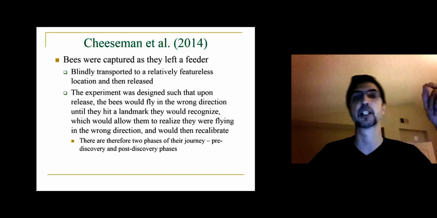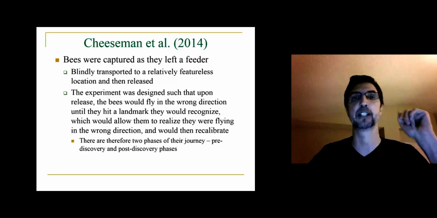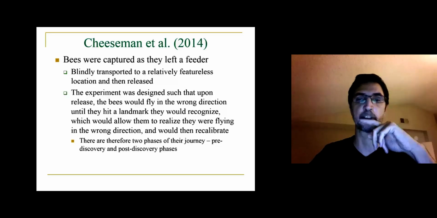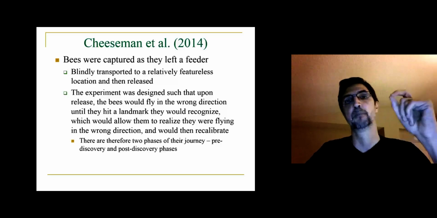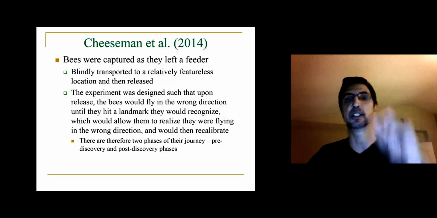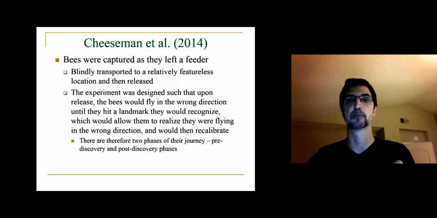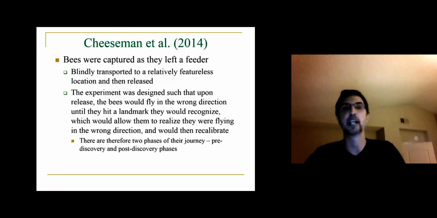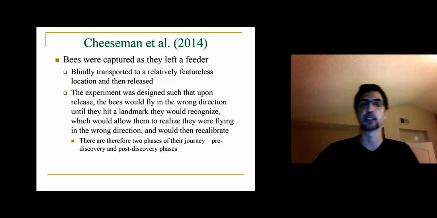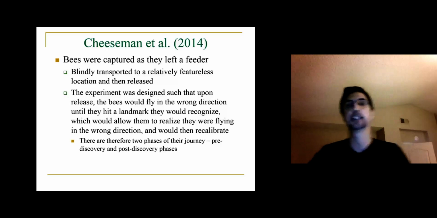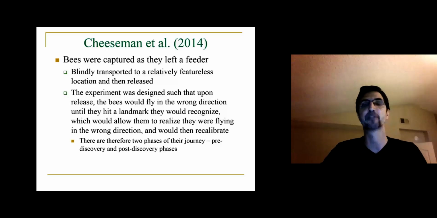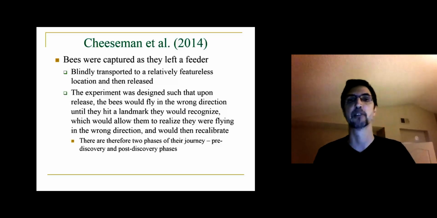There's the pre-discovery and the post-discovery phase of the study. When a bee is first released after they're captured, that's the pre-discovery phase, because they haven't discovered a landmark that they recognize. Post-discovery is what the bees do after they discover a landmark.